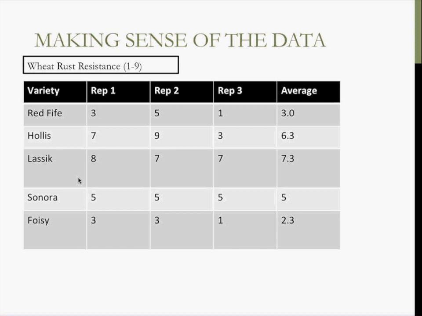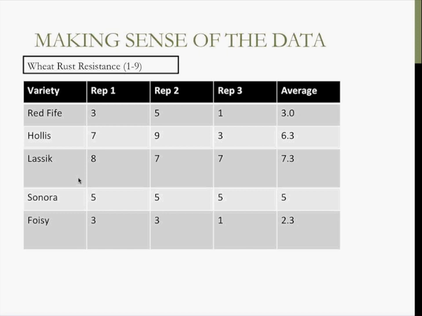Taking advantage of that, you can look at the individual reps and start to ask yourself a question. Something that pops out here is that Hollis in rep 2 was better than Lassic, and in rep 1 it was just about the same. It was a 7 versus an 8.